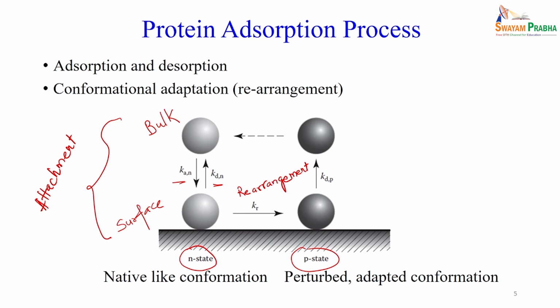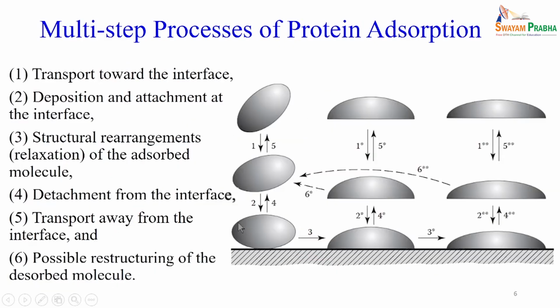Further, we can see n number of steps during the protein adsorption process. Here I have listed: first, the protein itself reorients depending on the surface. So, it is reorienting itself, then it will reach the interface, attaching and detaching to the interface.